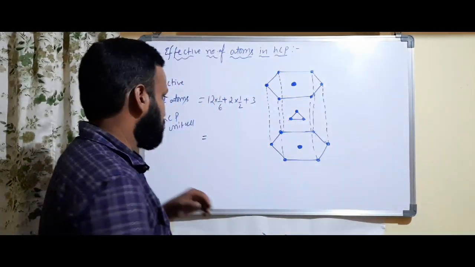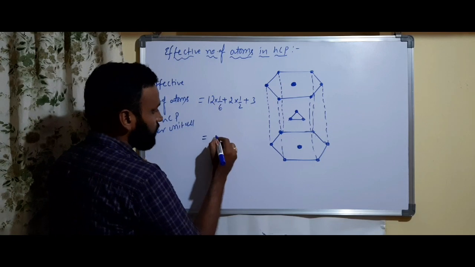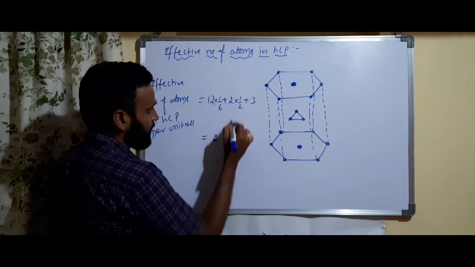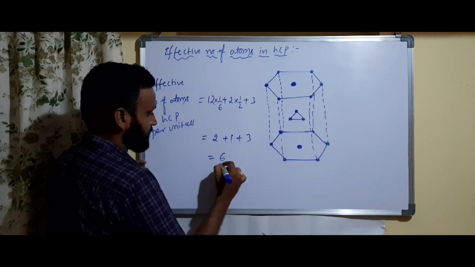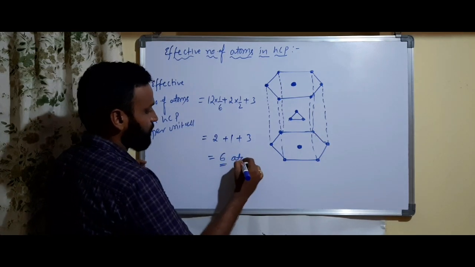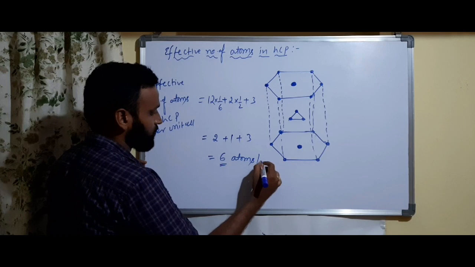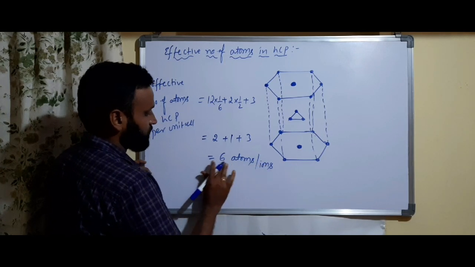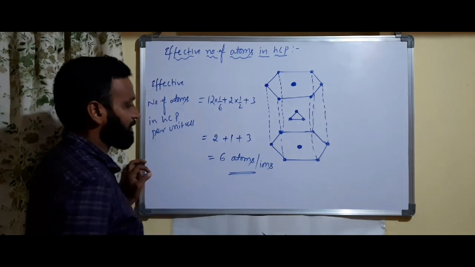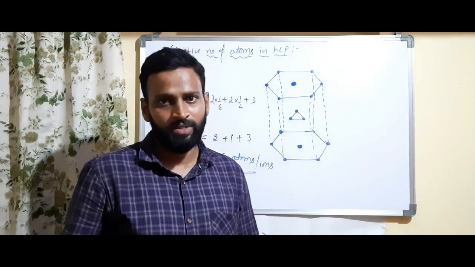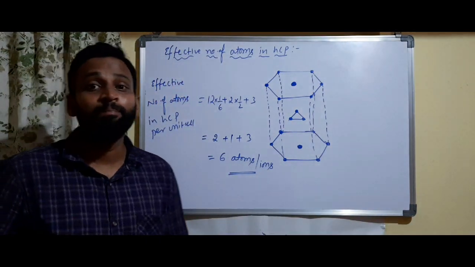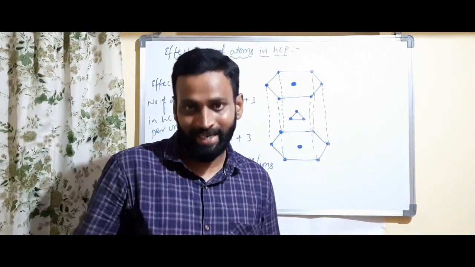So 12 into 1 by 6 is 2, and 2 into 1 by 2 is 1, plus 3, so total 6. Effective number of atoms in HCP, how many? 6 atoms or 6 ions. These are about the effective number of atoms present in HCP, hexagonal close packing.